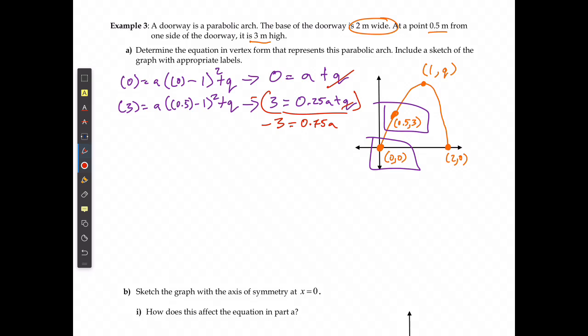Negative 3 divided by 0.75 is going to give me negative 4 is equal to a. I can also use this equation, 0 is equal to a plus q, to solve for what the q is now that I know what a is.